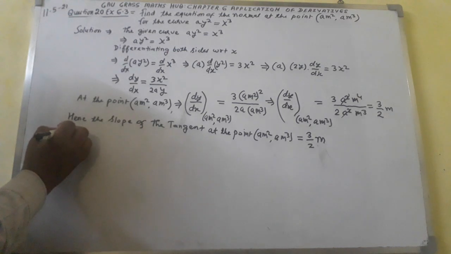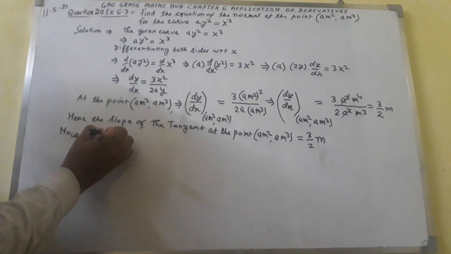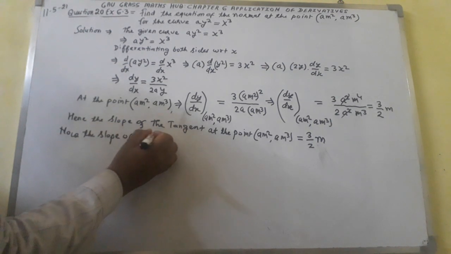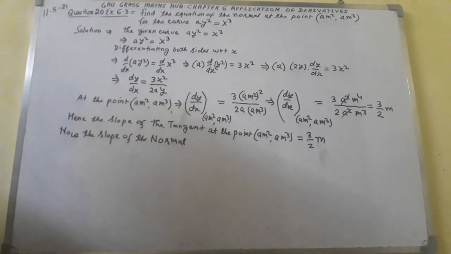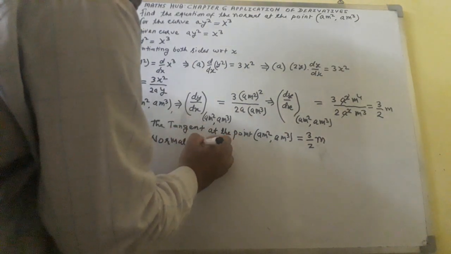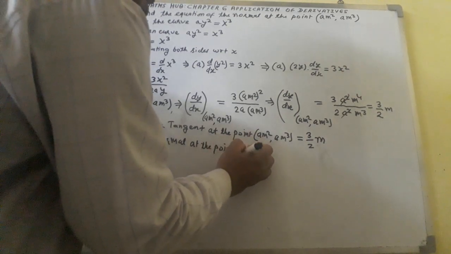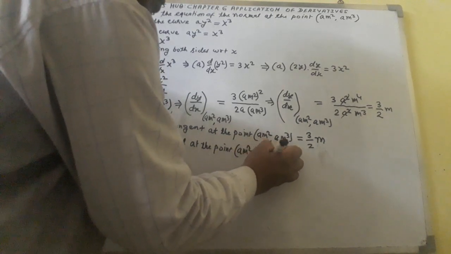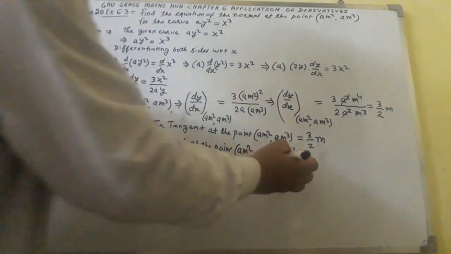Hence now the slope of the normal at the point (am², am³) comes out to be -1 over the slope of the tangent. This is the formula we must remember.